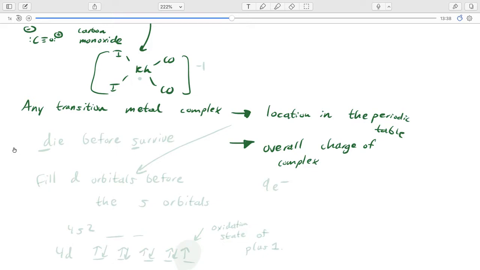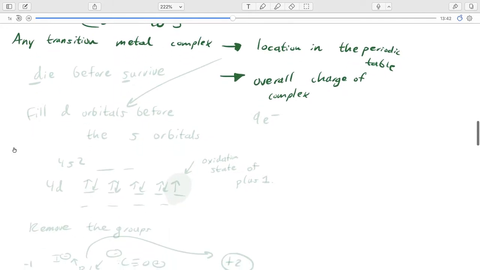But the way to determine, let's see. So I want to get where it is in the periodic table. Let's look that up really quick. So rhodium is 45. Oh, that's not a helpful table.